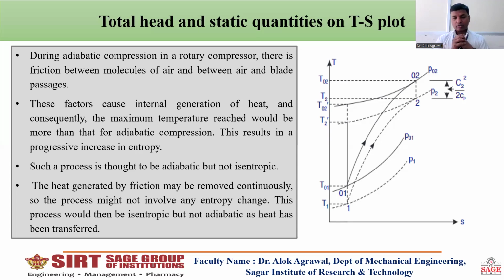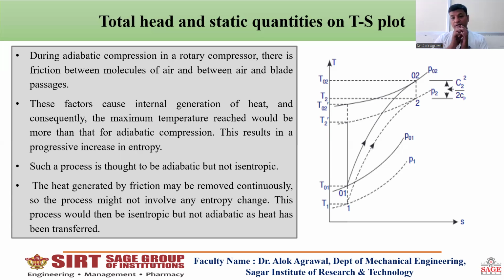When there is a transfer of energy, the temperature of the gas will increase. But because of this friction, the actual rise in temperature will be more than the reversible rise in temperature. So this will give rise to entropy.